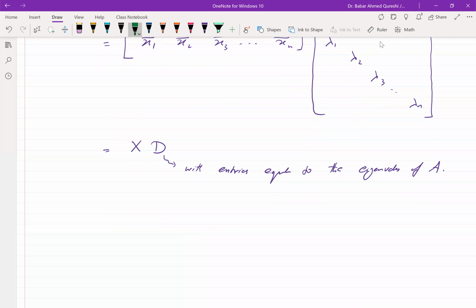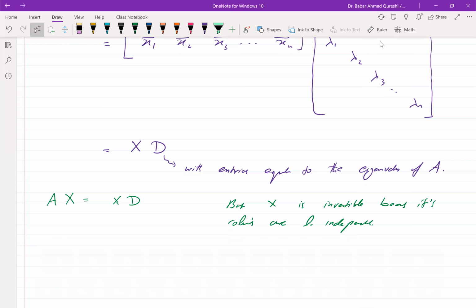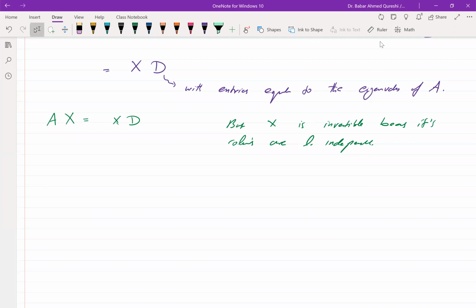So I've got AX is equal to XD with D diagonal, but X is invertible because its columns are linearly independent. So we did this theorem that if the columns of a matrix or its rows are linearly independent, then the matrix is invertible.